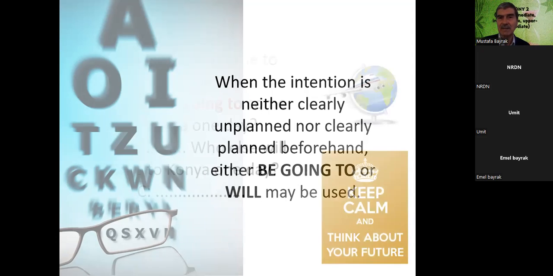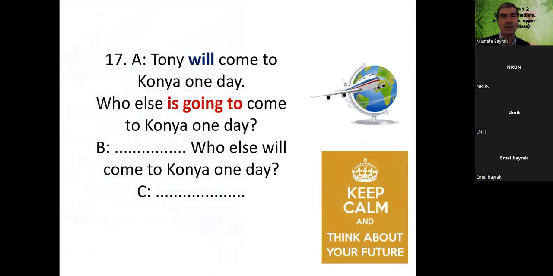Okay, let's see some examples. Dialogue 17. Tony will come to Konya one day. Is it spontaneous or meditated? It isn't clear. Tony will come to Konya one day. Who else is going to come to Konya one day? Yeah, the blue.